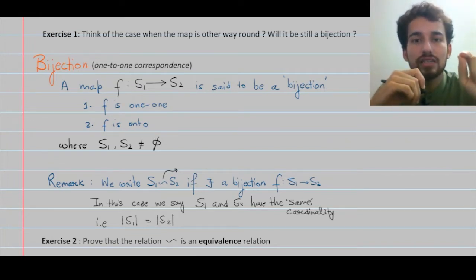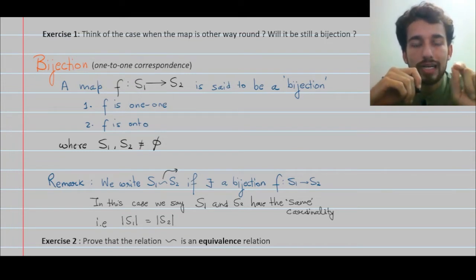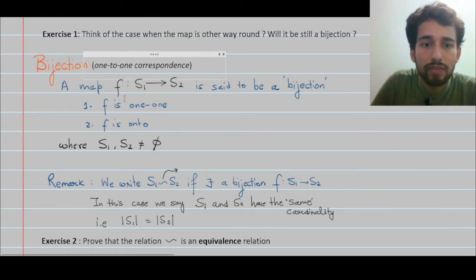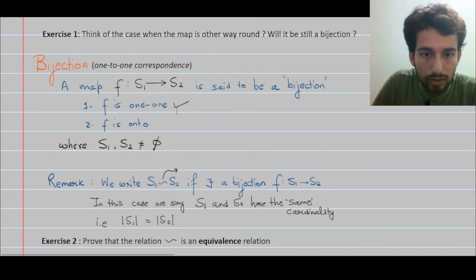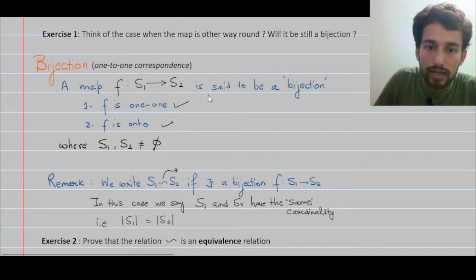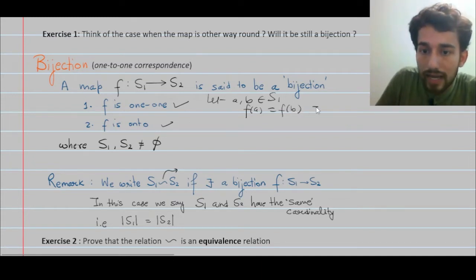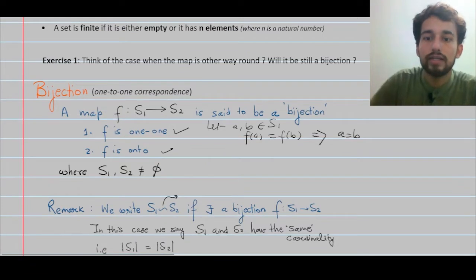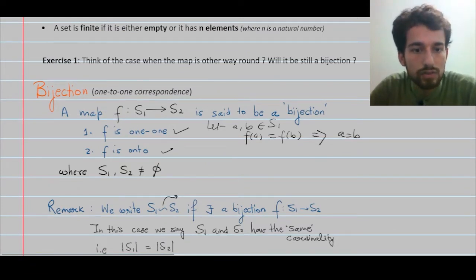The first condition is that the map has to be injective, that is 1-1, and the second is that the map has to be surjective, that is onto. So in general, if f is a map from S1 to S2, then it is said to be a bijection if it is 1-1 and onto. We know what 1-1 means basically. If I choose a, b to be two elements from S1, and if f(a) equals f(b) implies, after solving, that a equals b, then in this case I say f is 1-1.